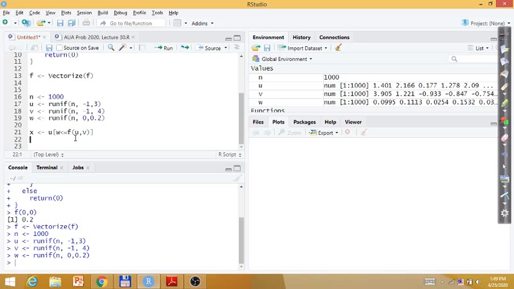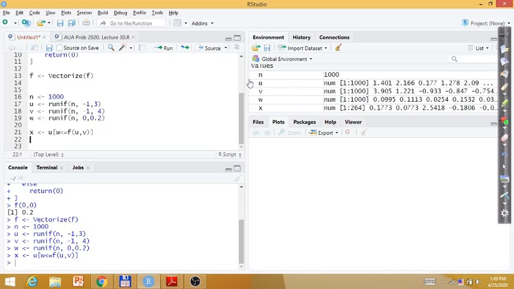Here in f, u and v are 1000-dimensional vectors. You can see u is a 1000-dimensional vector. So inside of f I am writing u, v. That will work because I have vectorized my f. So I'm running this. So I have only 264 points lying here.